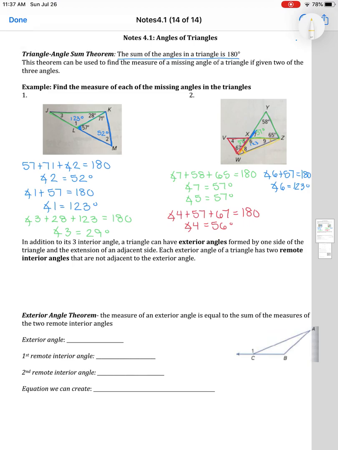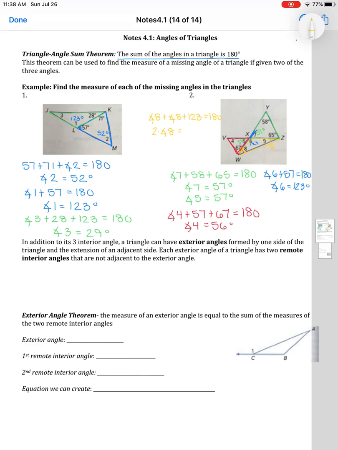So 6 makes a straight line with 7. So that means that angle 6 plus the 57 degrees for 7 equals 180. So that means 6 is equal to 123. So this is 123.